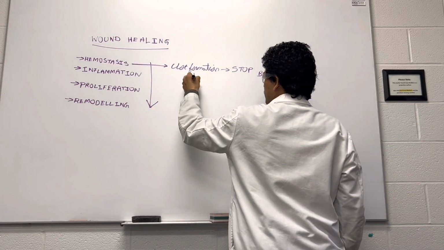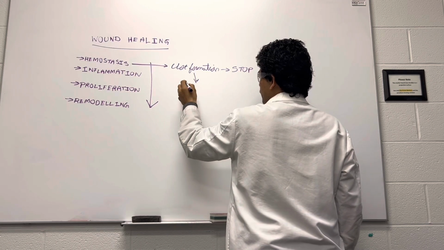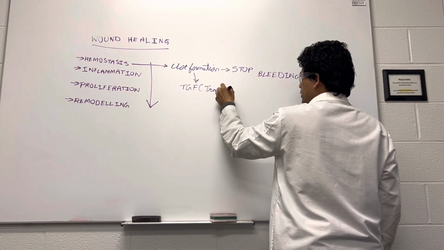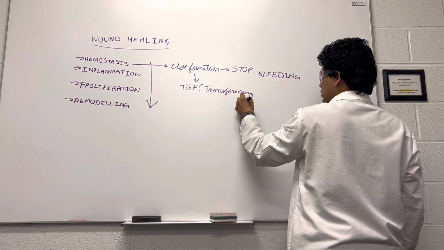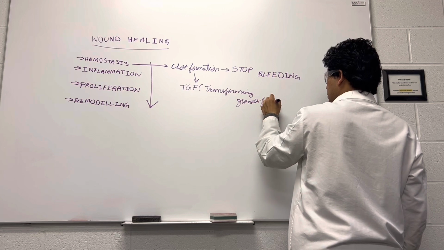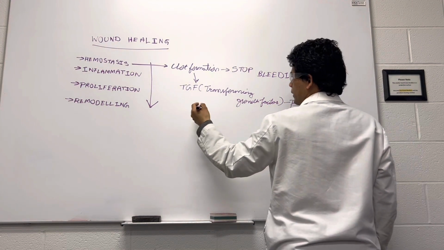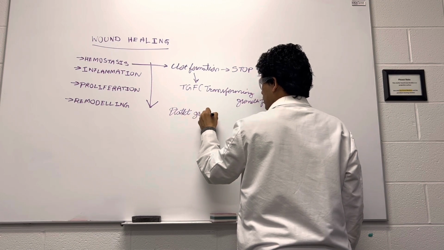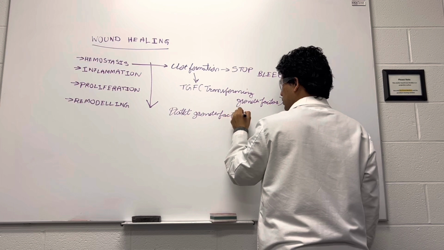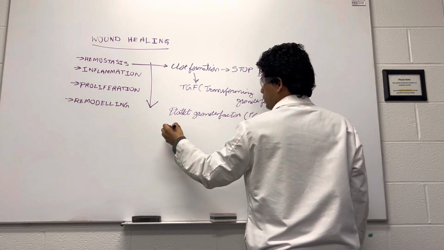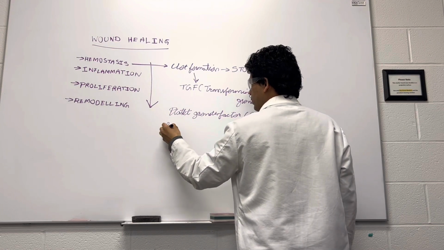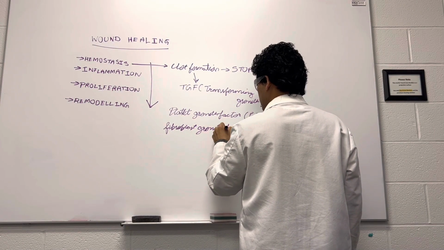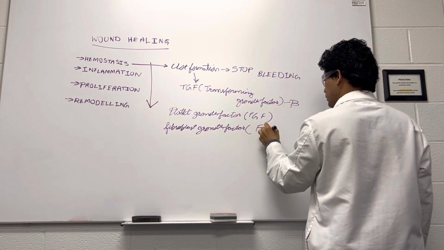And how does this clot formation occur? At the place of the wound, several factors will be released, such as transforming growth factor beta, platelet growth factor (PGF), and fibroblast growth factor (FGF).